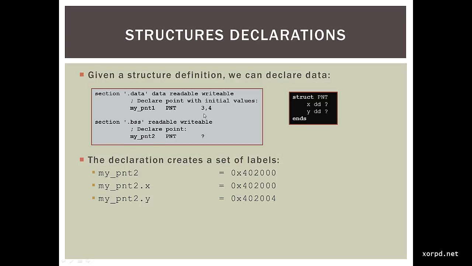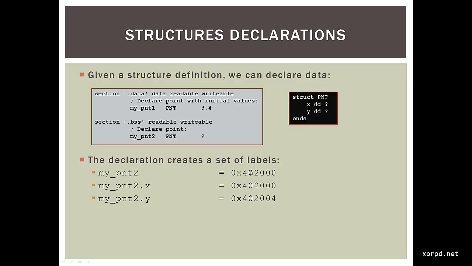Their values are going to be, for example, this is just an example for this kind of values. Maybe this large number, 402000, and then myPNT2.x is going to have the same value as myPNT2, because X is the first field. So it should have the same offset as this label, myPNT2.